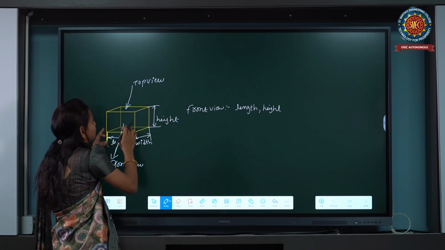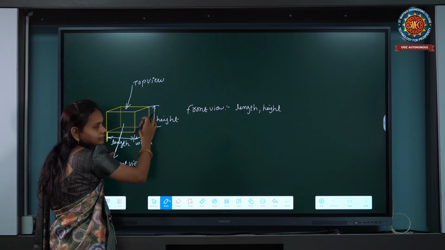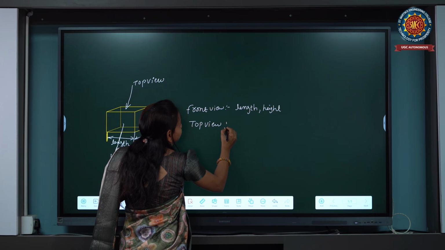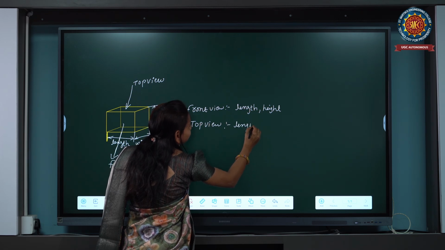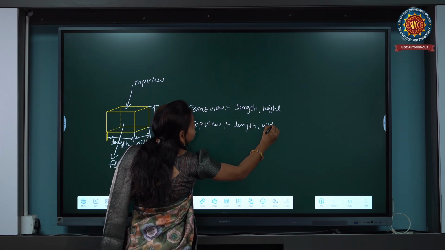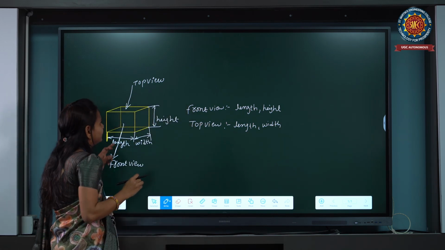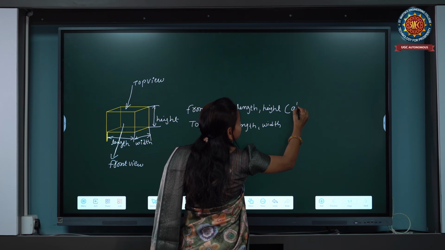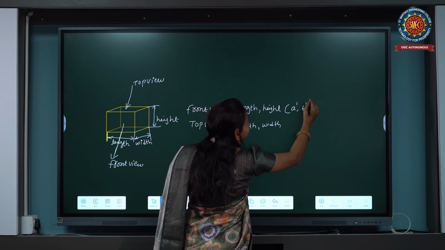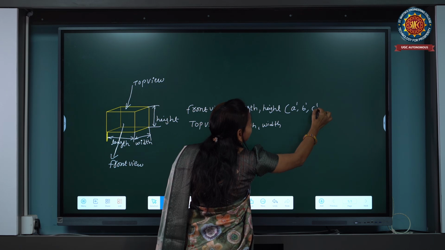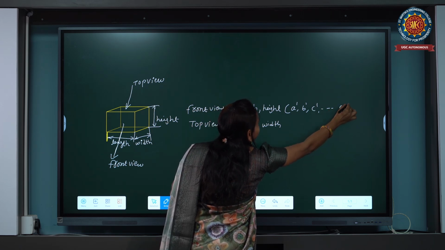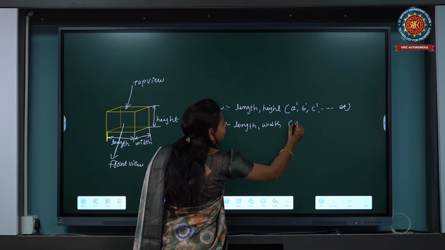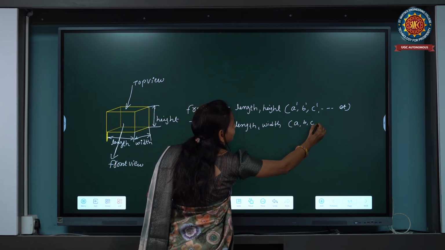Top view is represented as length, width. In the front view, the labeling is represented as small letters with a dash: a dash, b dash, c dash, etc. In the top view, the labeling is represented as small letters only: a, b, c, d.